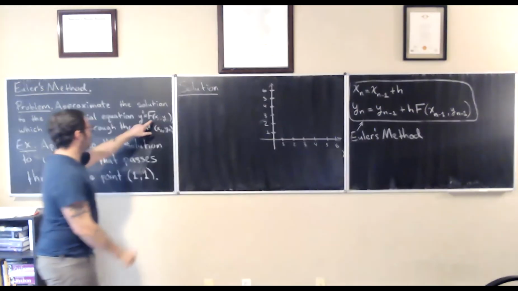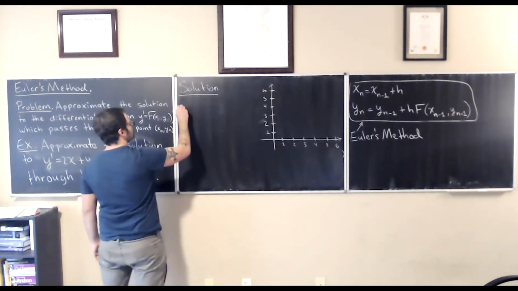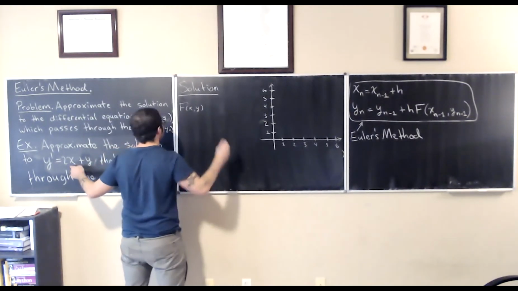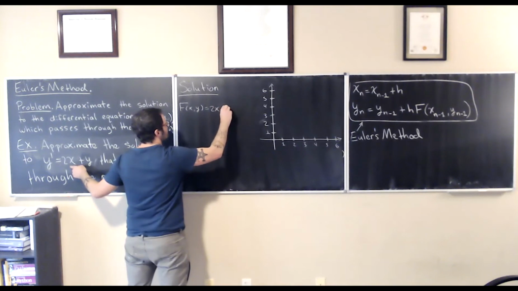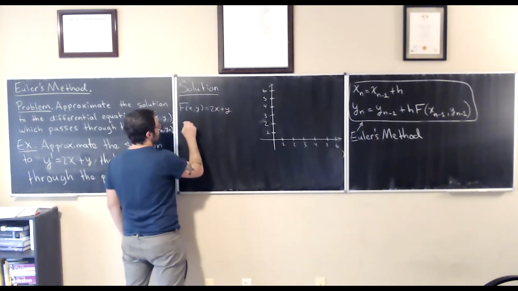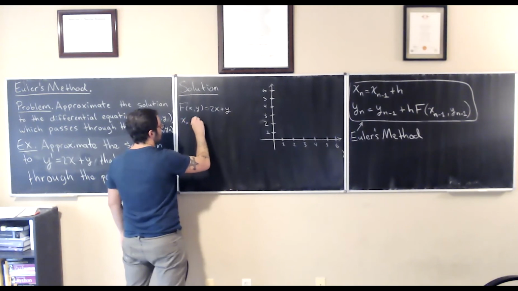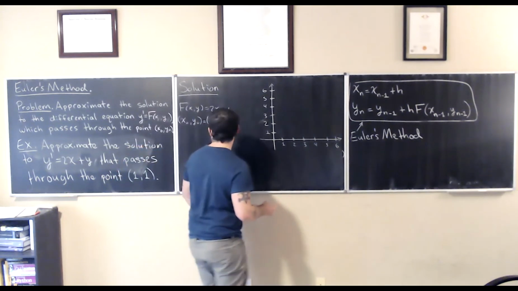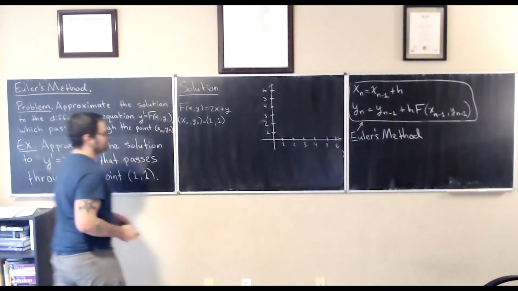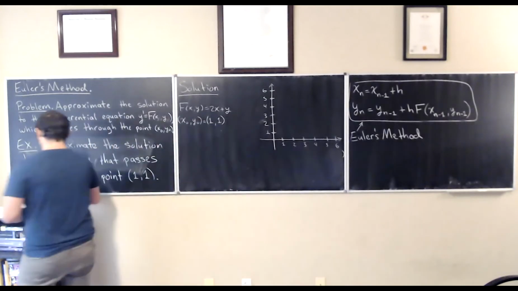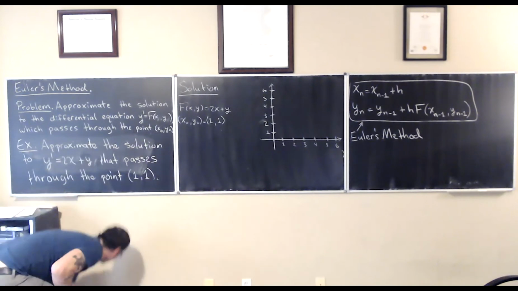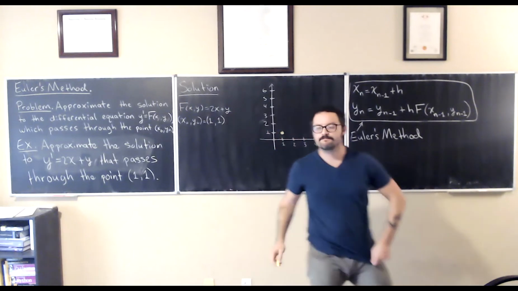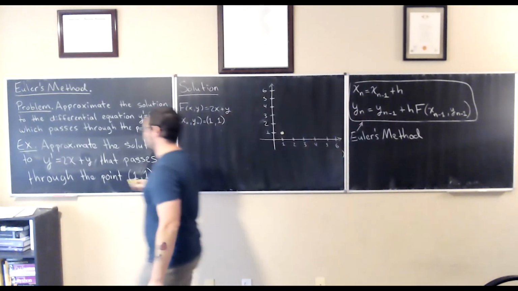Okay, so y prime is our capital F, equal to this. So this gives us the slope at a given point x comma y. And then we know our initial point is 1, 1. I'll use yellow instead. We know we pass through this point right here. Okay. So what's the slope of the tangent line at that point?